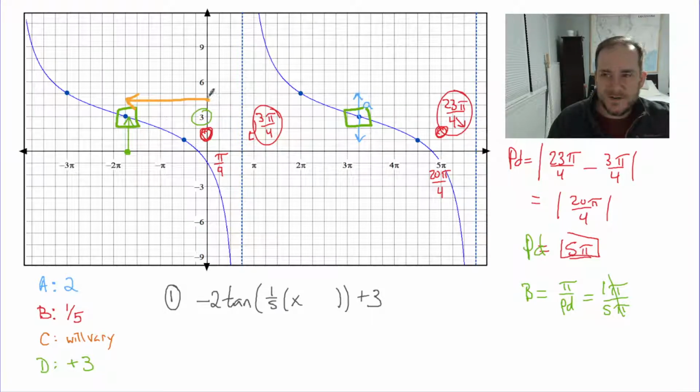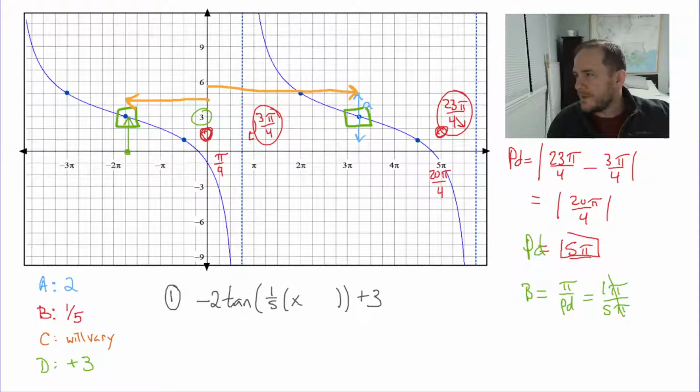So we could shift left however far this is, or we could shift right however far this is. And again, the shifting right is the longer one, so let's go left. And how do I actually find this? Well, again, just figure out what your scale is. If this is pi and it's chopped into 4, then we're counting by pi over 4s, which means we are phase shifting 1, 2, 3, 4, 5, 6, 7. 7 pi over 4 is that point there.